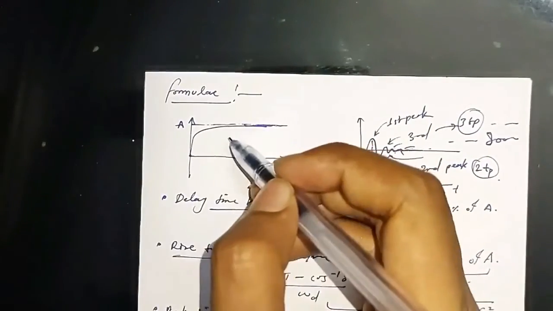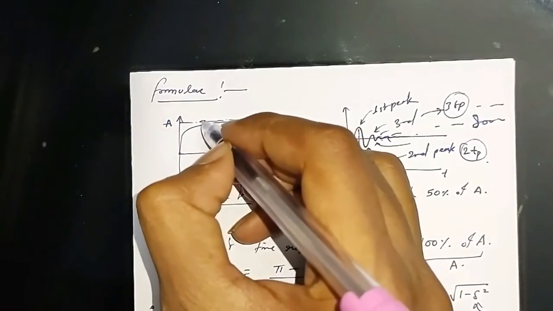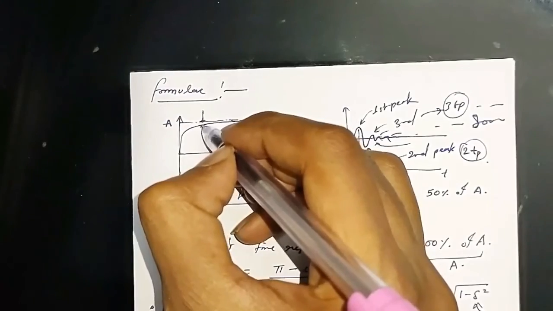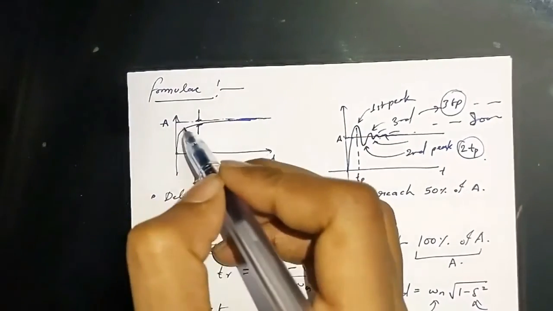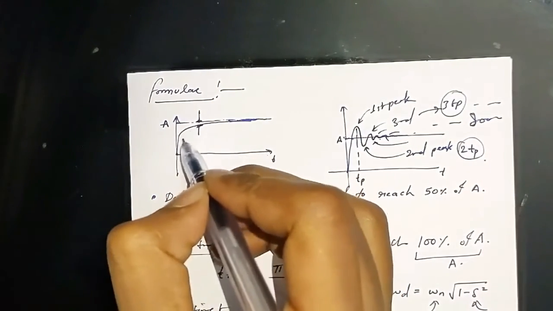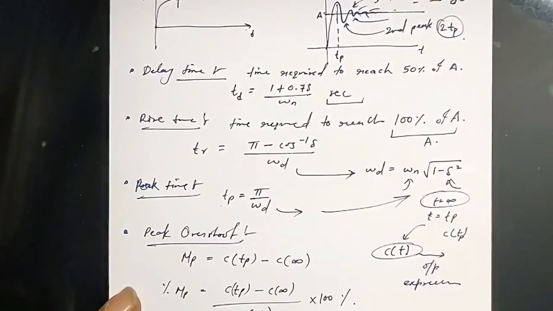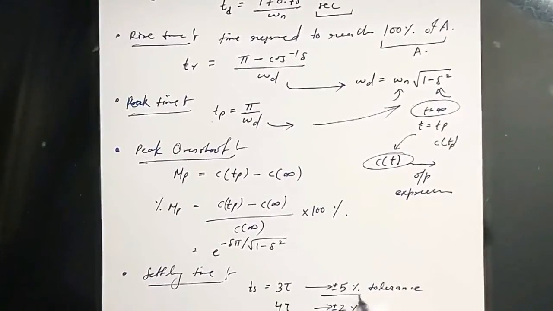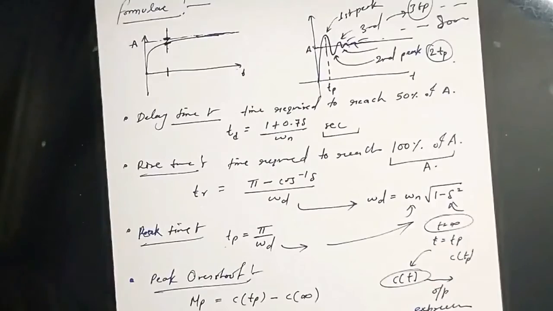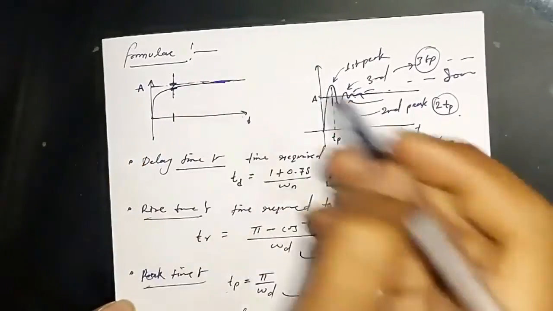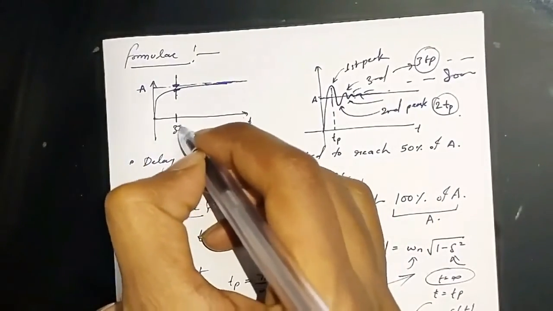In this response, there will be a point where the response is reached inside the range of 5% tolerance. If we have 5% tolerance, then the settling time is going to be 3 times tau.